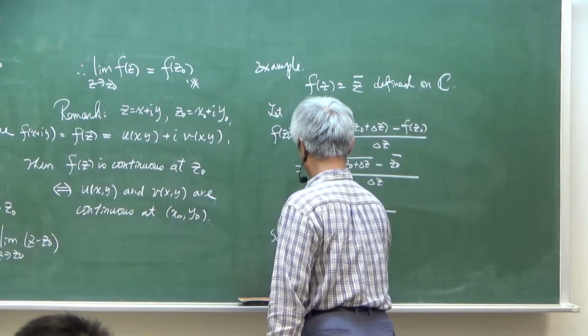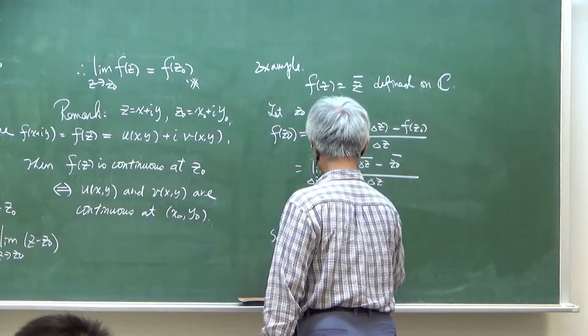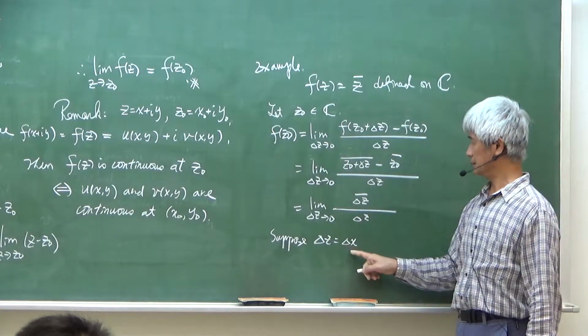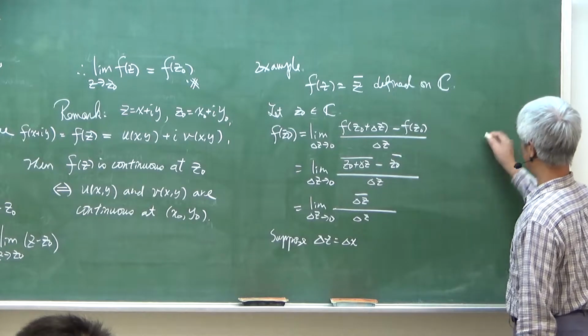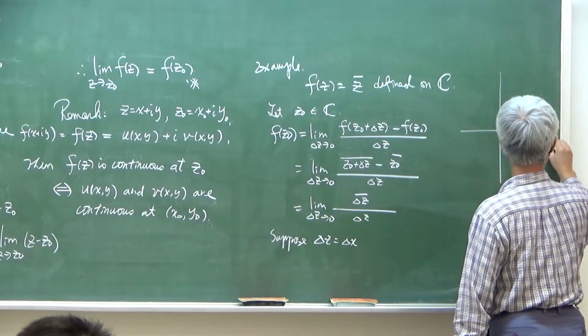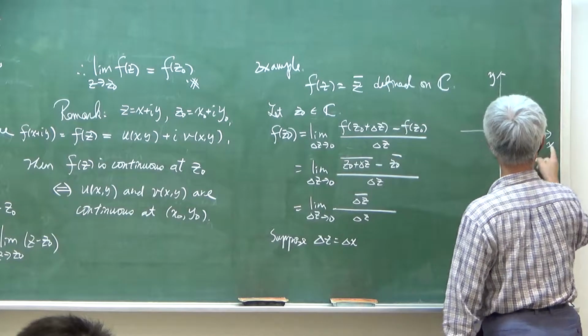Suppose delta z is delta x, so delta z approaches 0 from the x-axis, the real part.